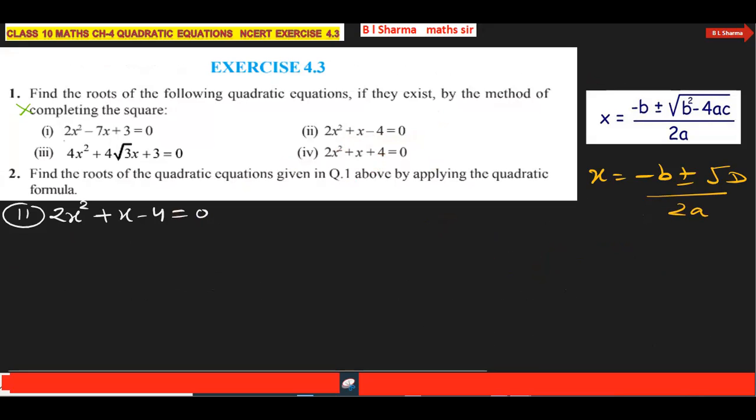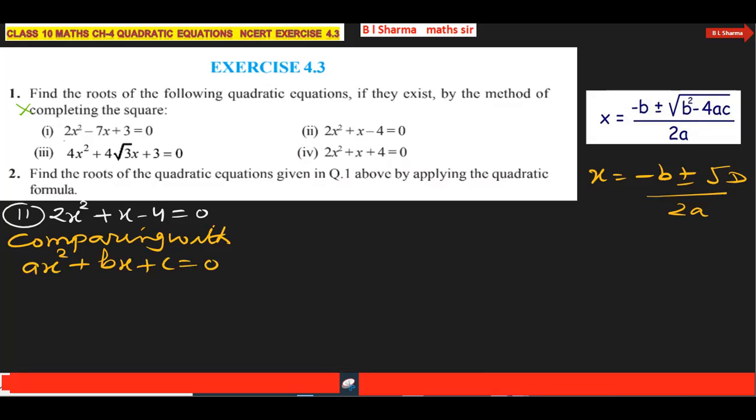Comparing with the standard form, that is ax square plus bx plus c is equal to 0, we have a is equal to 2, b is equal to 1, and c is minus 4. A is equal to 2, b is equal to 1, and c is equal to minus 4.